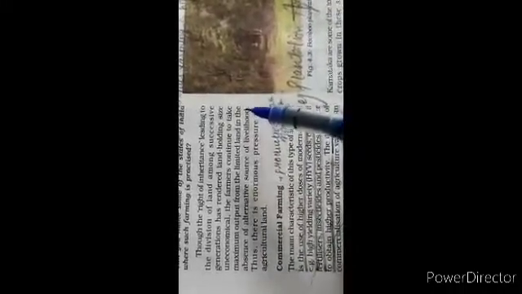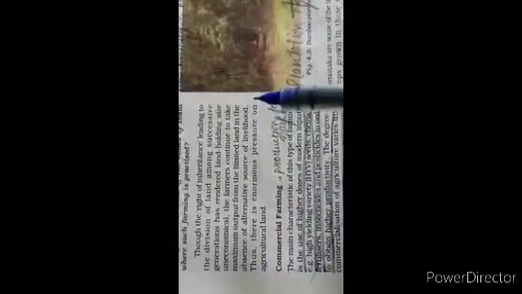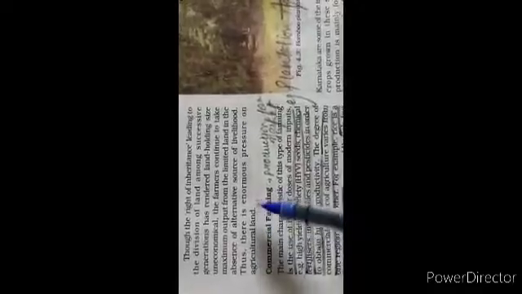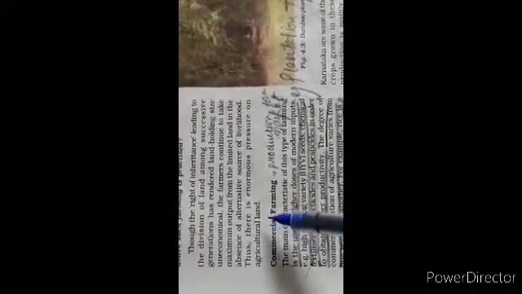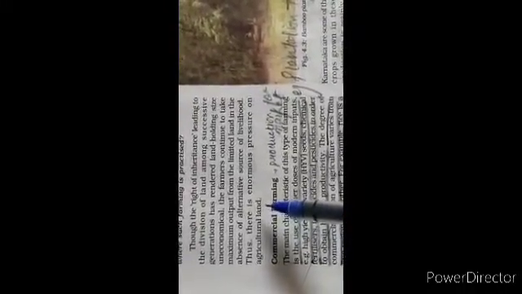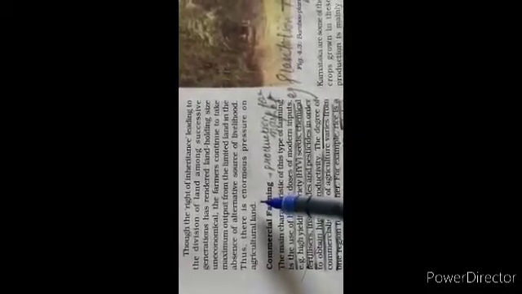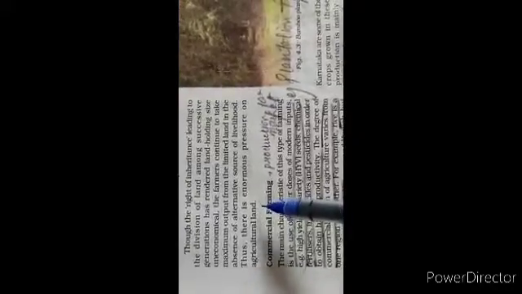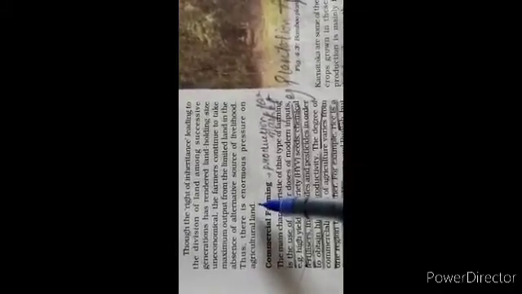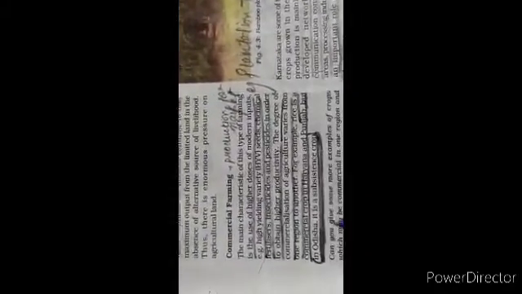And if you want maximum production, you have to use chemicals, fertilizers and other things. Thus there is enormous pressure on agricultural land. So it is the pressure on land that is giving you maximum. How is it giving maximum? Because for their survival people are using different agricultural chemical products and other things to get maximum produce. The next type of farming given in your book is commercial.